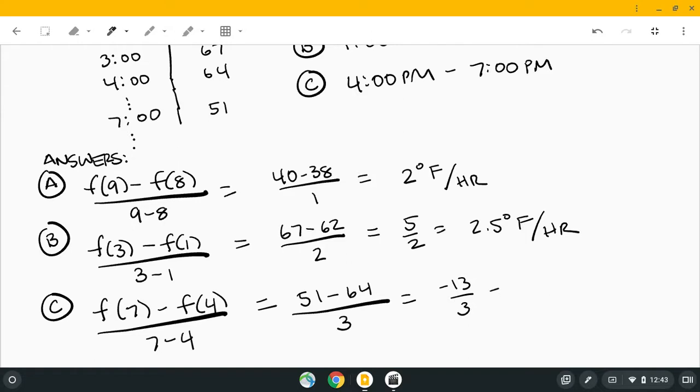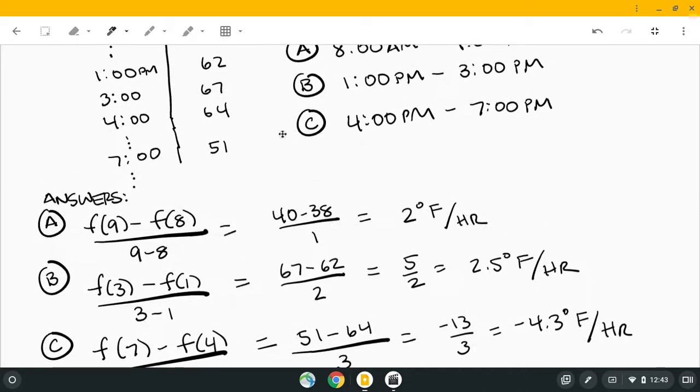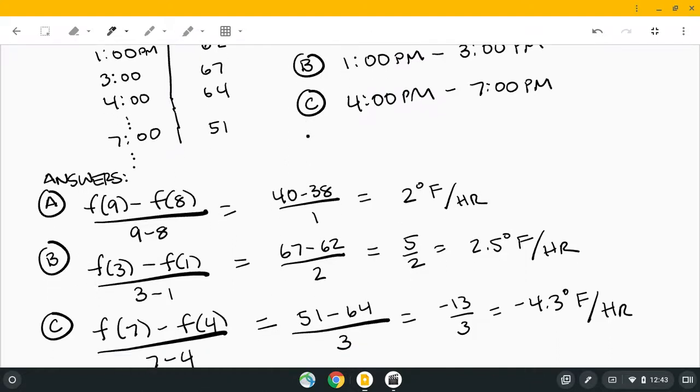And so we get negative 4.3 degrees Fahrenheit per hour. And this one is negative, which means that the temperature is decreasing over this time period. From 4 to 7, the temperature is decreasing? Yes, it is. Okay, so that is it.